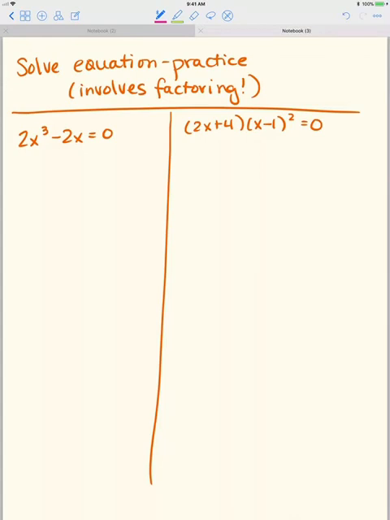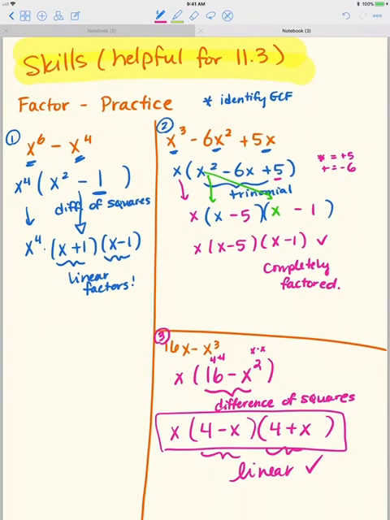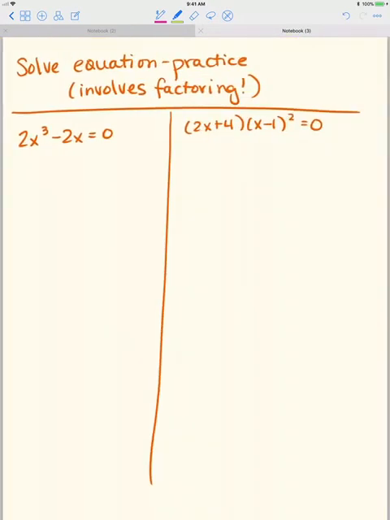The next step up from that will be solving the equation using the factoring, because if you can get it into the factored forms like we have here, then you can set each of those factored forms equal to 0 and find your solutions. So for this first one, we've got 2x cubed minus 2x equals 0. You do want to make sure first that it is set equal to 0 before you start factoring to solve.